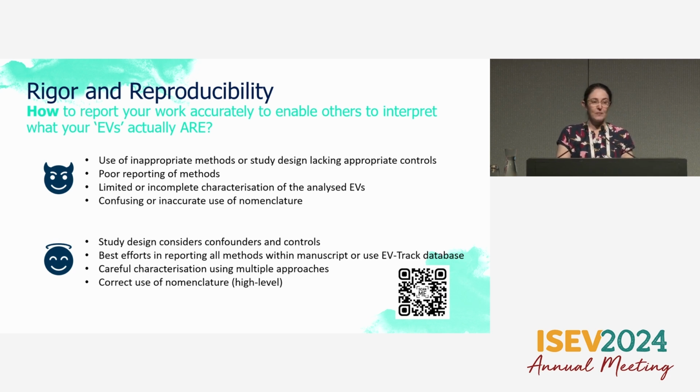Or we also recommend using the EV track database that I've also added in this QR code. Also consideration of using multiple approaches for characterization, and also a high-level correct use of nomenclature. So use EPs if you can't prove that the EV and that membrane is actually present.